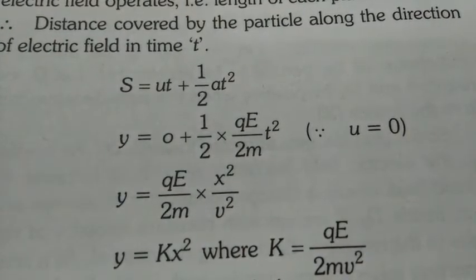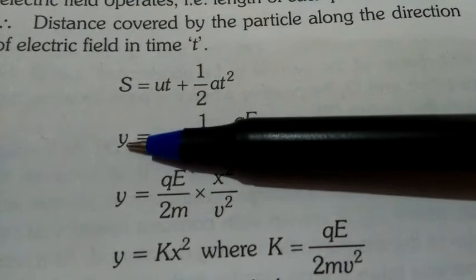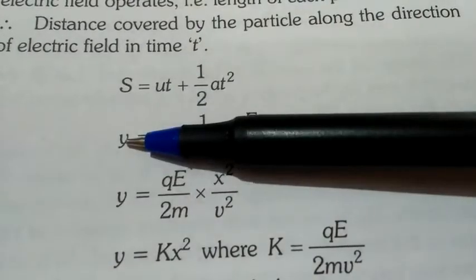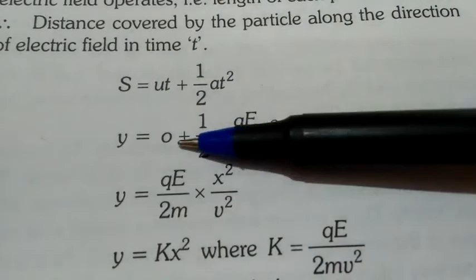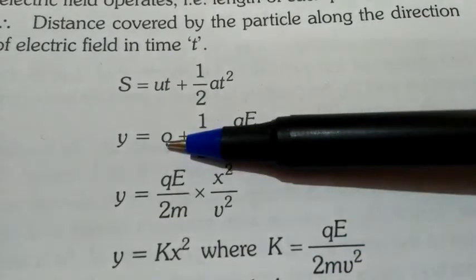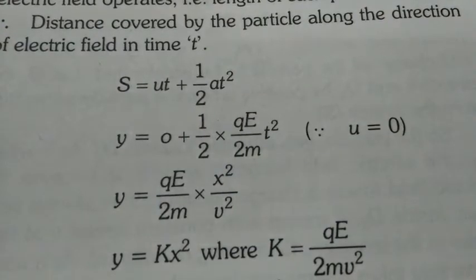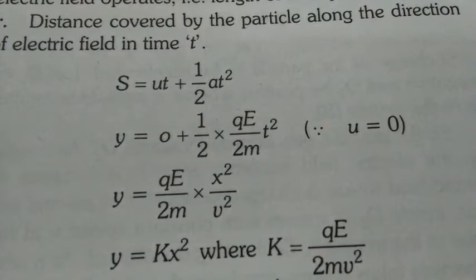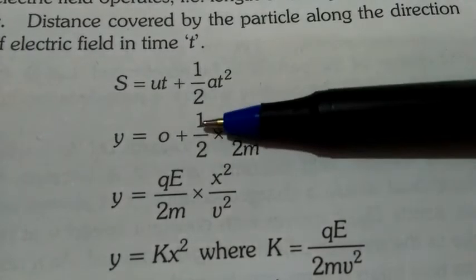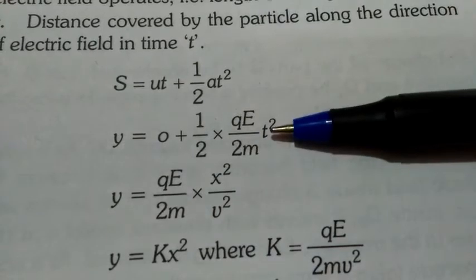So here we are interested in finding how much it has been displaced. For that we take the distance as y, equals u into t. The initial velocity in the y direction we will take as 0, because it was entering the field in the x direction. Then plus half into a into t square.